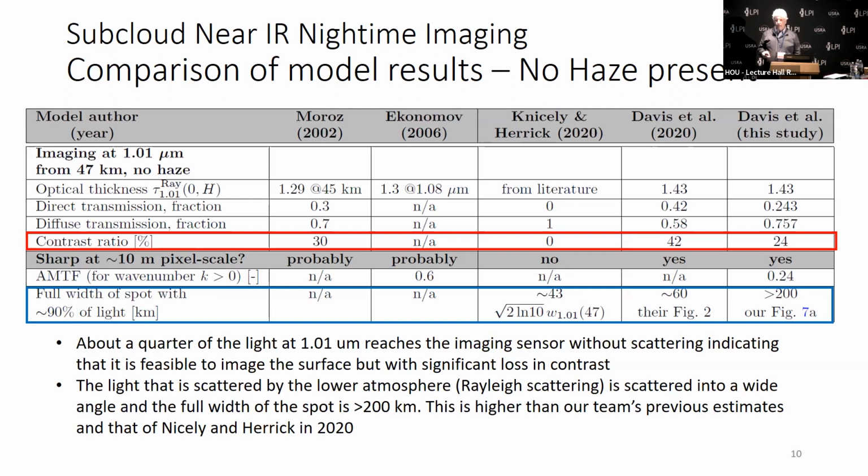That's the loss in contrast you see for an image of the surface. Our initial estimates of that in the Davis et al. paper were 42%. So we thought at first that it was somewhat better than what Moroz had done. But then taking these other factors into account, that's dropped down now to 24%, so a little worse than Moroz.